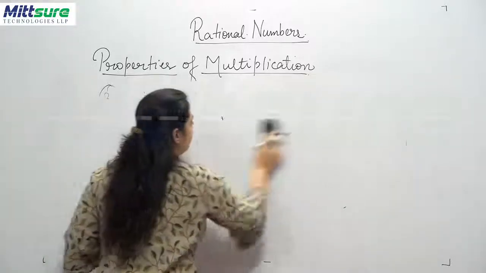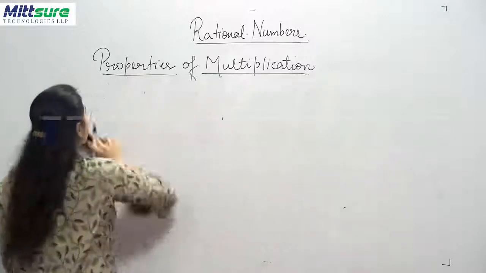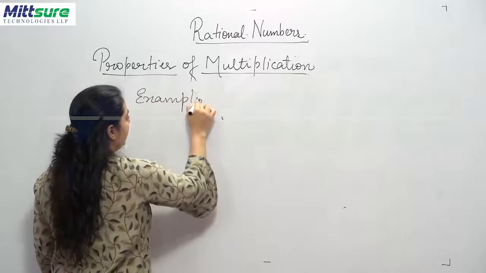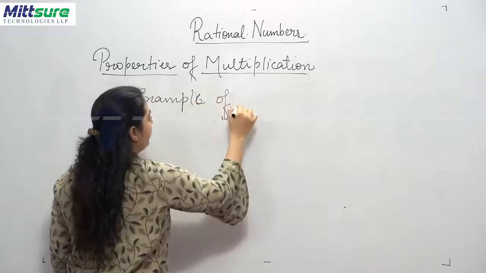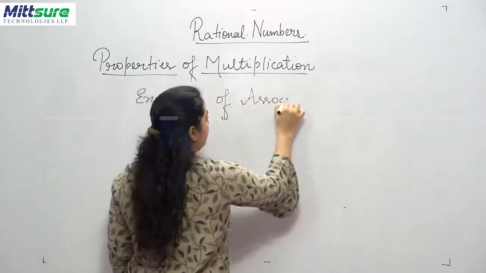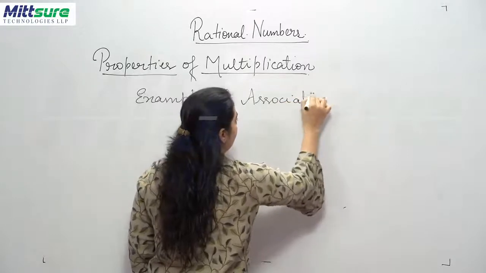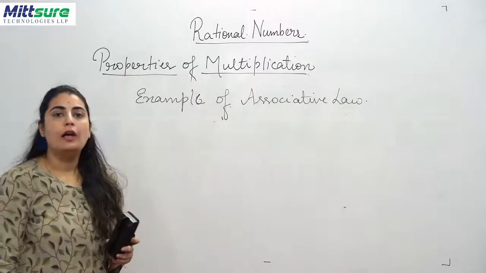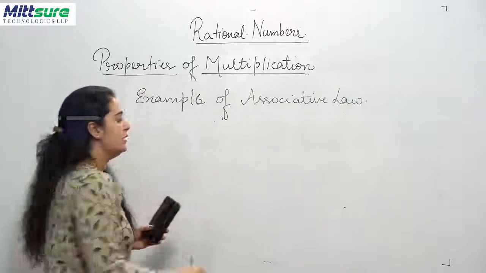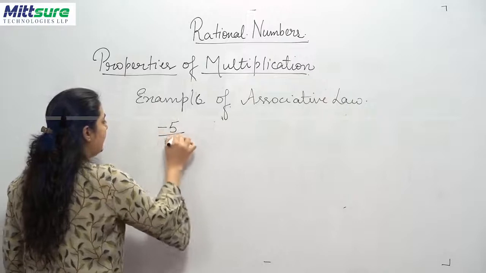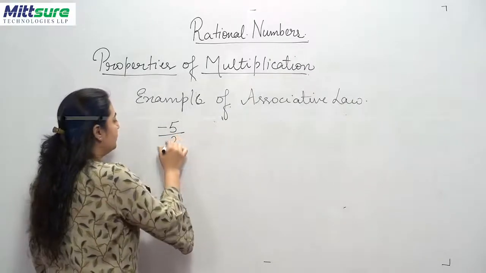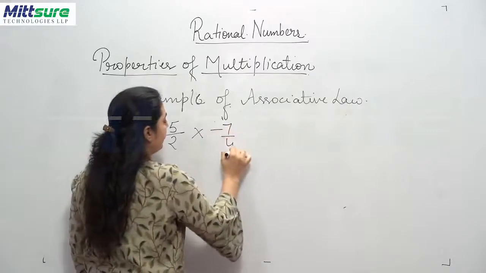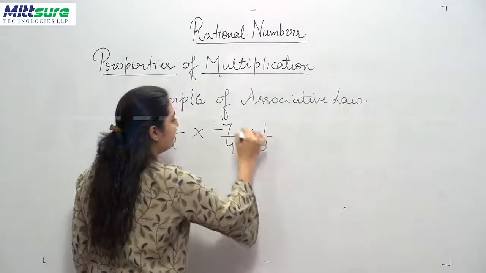So, let's take the example of associative law. So for associative law, I want three rational numbers. So let me take minus 5 upon 2 into minus 7 upon 4 multiplied by 1 upon 3.